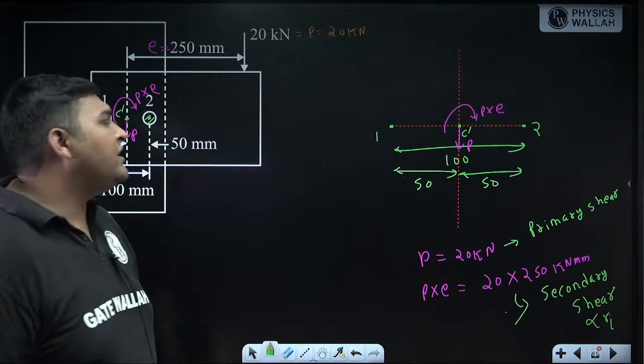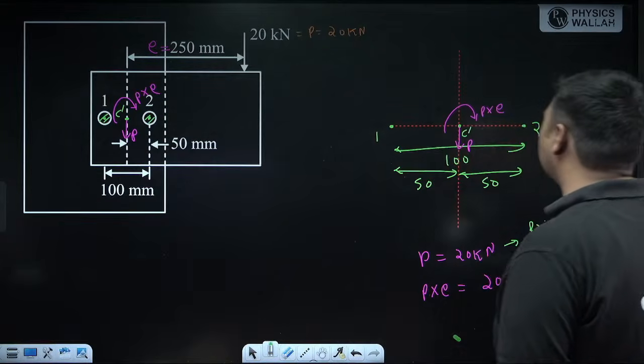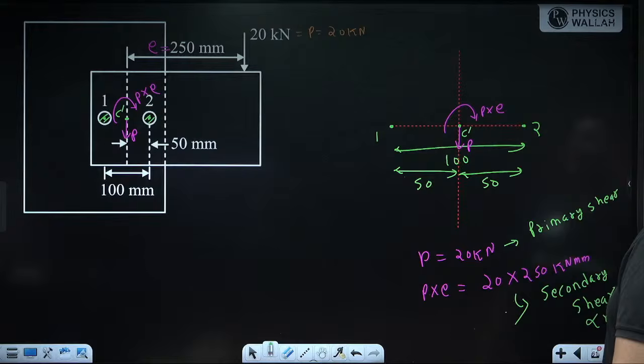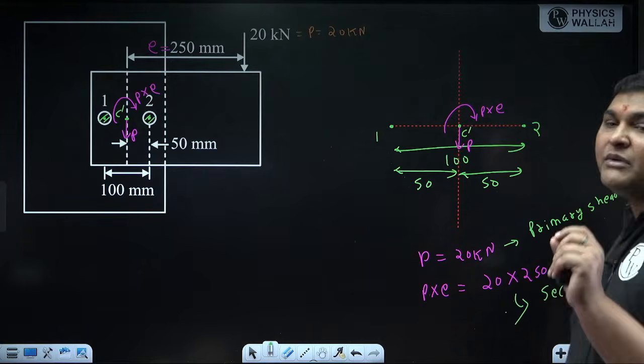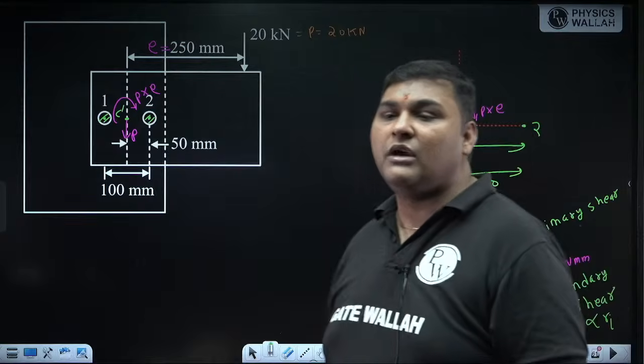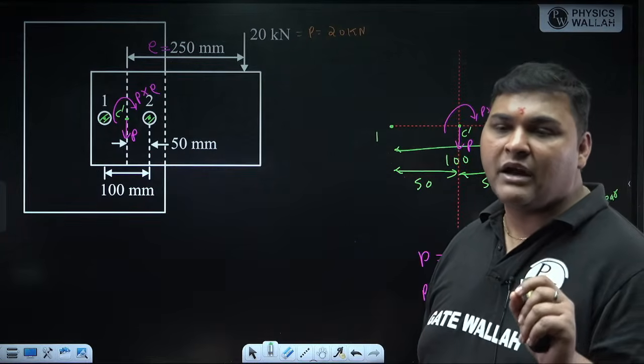Now, how will I identify which rivet is critical? That is important. So what is the method? In this diagram, first mark the farthest rivet on all sides, because for the farthest rivet R will be more, meaning secondary will be more. If secondary is more, the chances that the resultant will be more increase. But the resultant will depend upon the vector angle also. Suppose you are taking two vectors, 100 and 200.